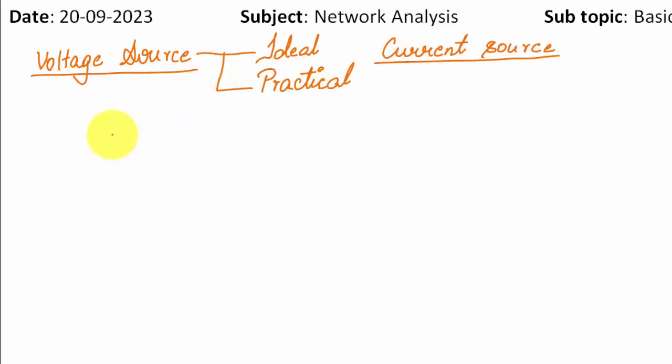Before that, let me give one example. Say you have a double A cell battery, at 15 or 16 rupees. Consider that for the exploration. A small knob kind of thing is there, which is the positive, and the other side is the negative supply.